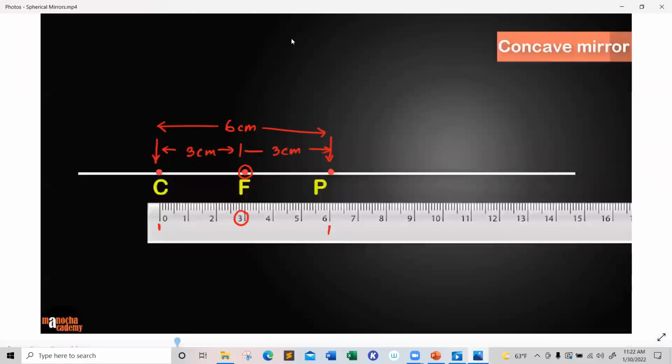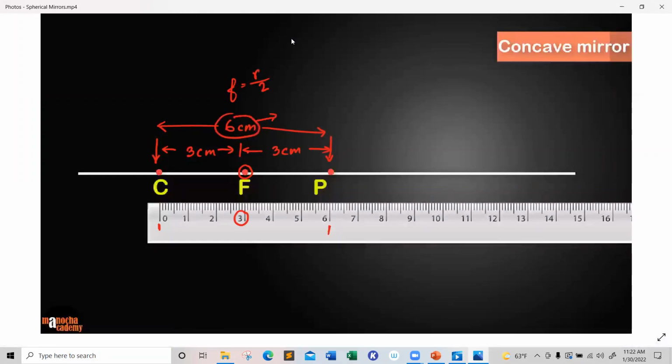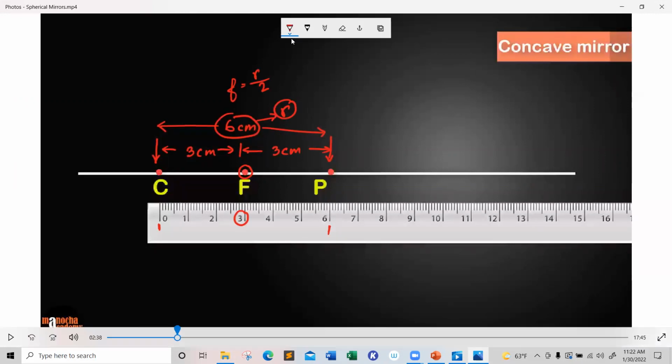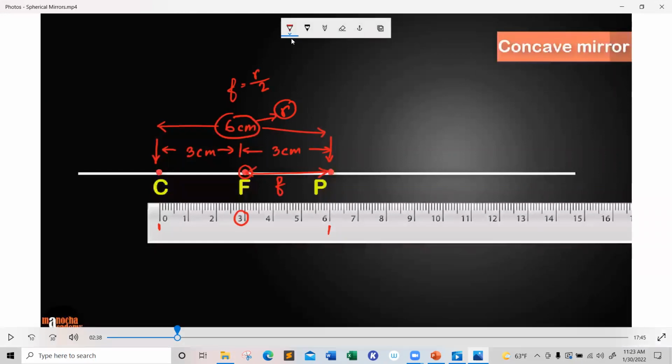So this is what we learned so far, right? Principal focus is half of the radius of curvature. Okay. And the radius of curvature here is 6 centimeters, correct? This is our R. And from the pole, the distance of the focal length, this distance, this is our focal length, that is F. Okay.